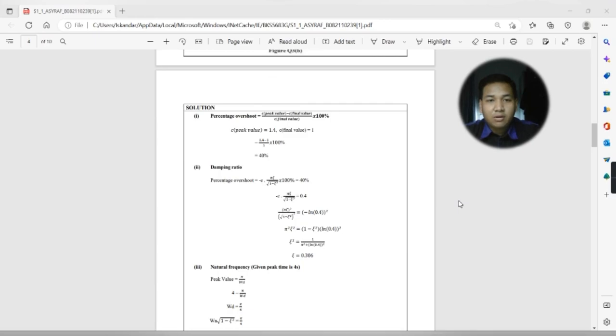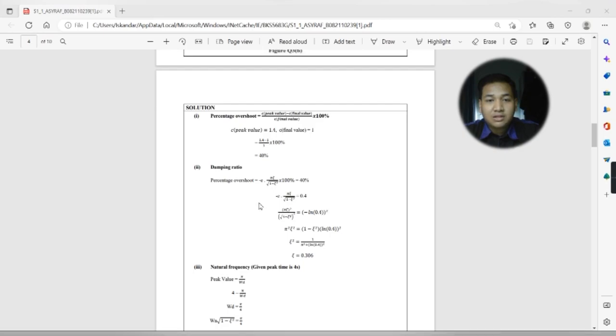The damping ratio formula we get from the percentage overshoot, which is minus exponent of lambda times damping ratio over square root of 1 minus damping ratio squared, times 100%, which equals 40%.